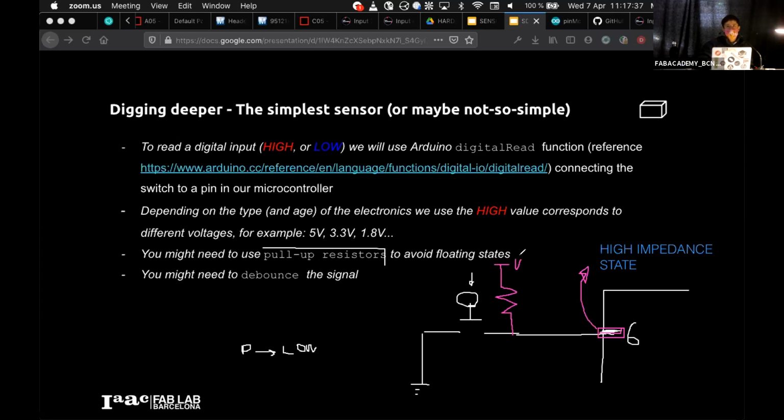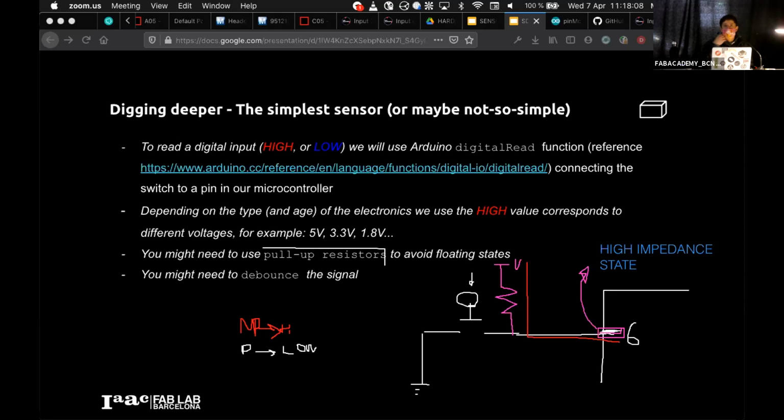In this case it could be 5, it could be 3.3, whatever, so that we know that when the button, for instance, is not pressed, the circuit is completed through the pull-up resistor to here, and we are high. Okay, is that clear now?